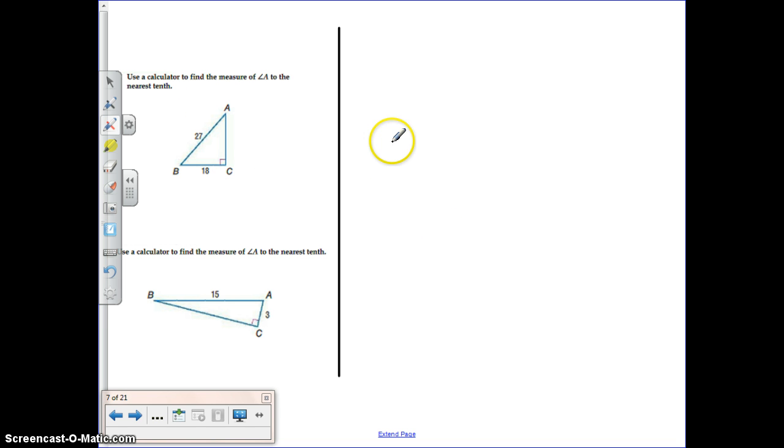It says use a calculator to find the measure of angle A to the nearest tenth. So we're looking for angle A, which is this angle right here. And I'm going to start by writing SOHCAHTOA right at the top, so it's easy for me to reference. So looking at angle A, I know the opposite side, and I know the hypotenuse.